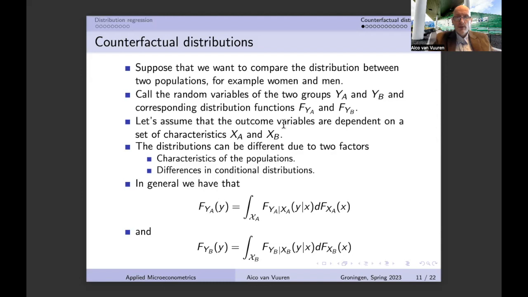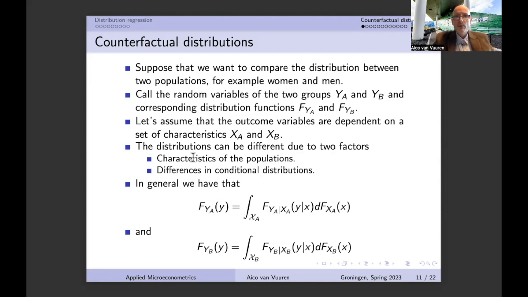Now based on this, why might there be differences between these two distributions that we have over here? Very generally we can say that there may be two reasons why there might be a difference between these two distributions. The first is that it may be the case that the distribution of the characteristics of the two populations may be different.